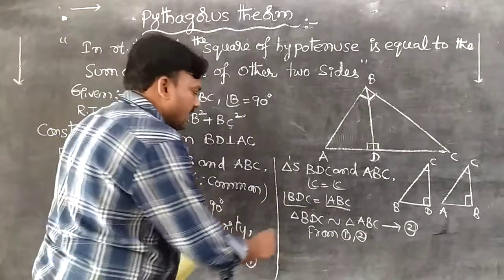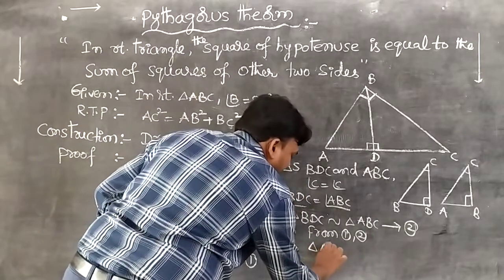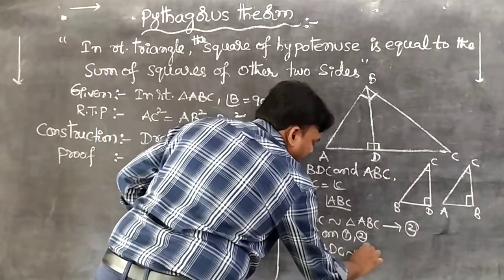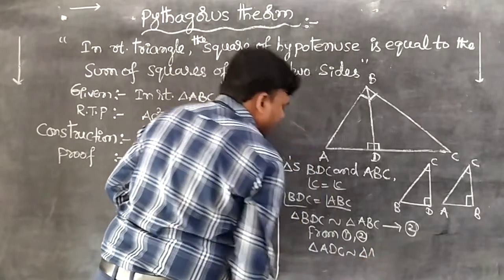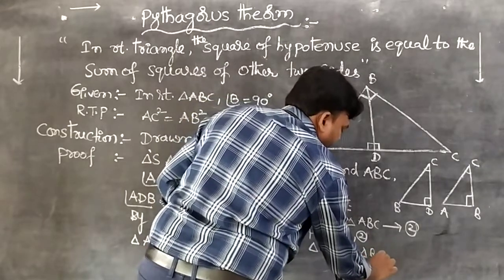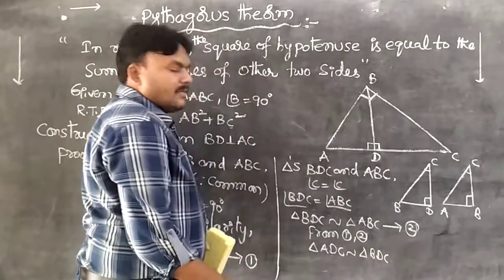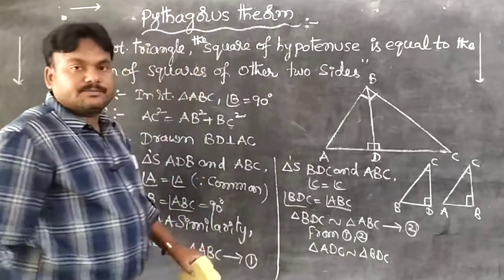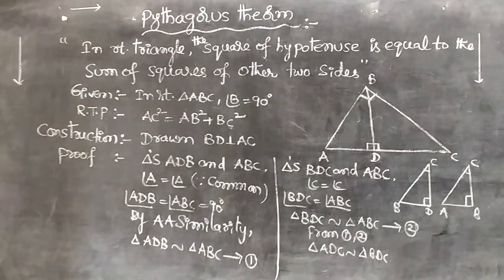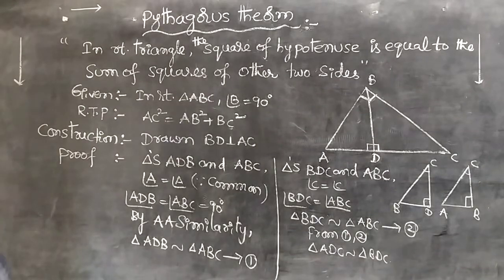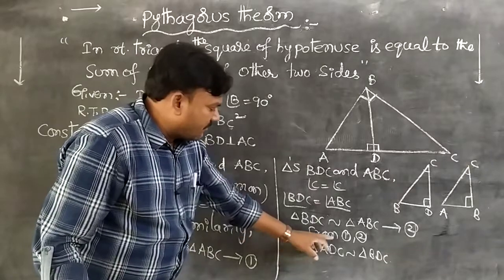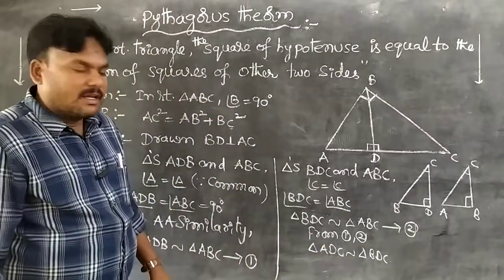We club it finally. Triangle ADC is similar to triangle BDC. Okay, students, observe here. But no need here, from 1 and 2, triangle ADC is similar to triangle BDC.